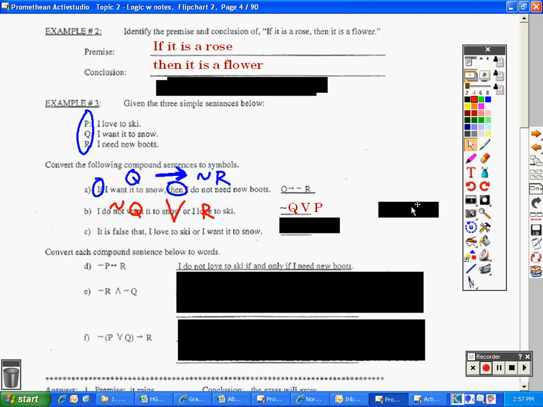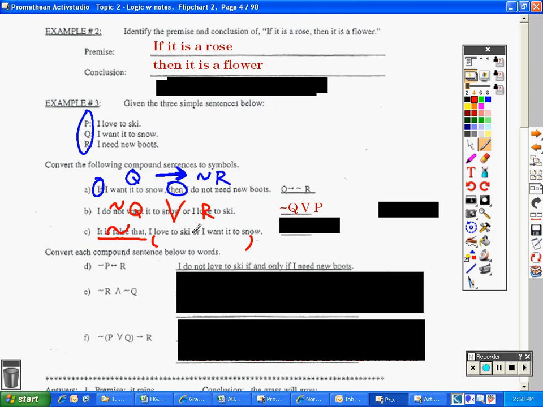All right, next one. Starts with this really strange thing. It is false that. That's like a big negative. So we're going to replace all of these words with just the negative symbol. And this whole statement that comes after it is negative. So I'm going to rewrite the statement in symbols.